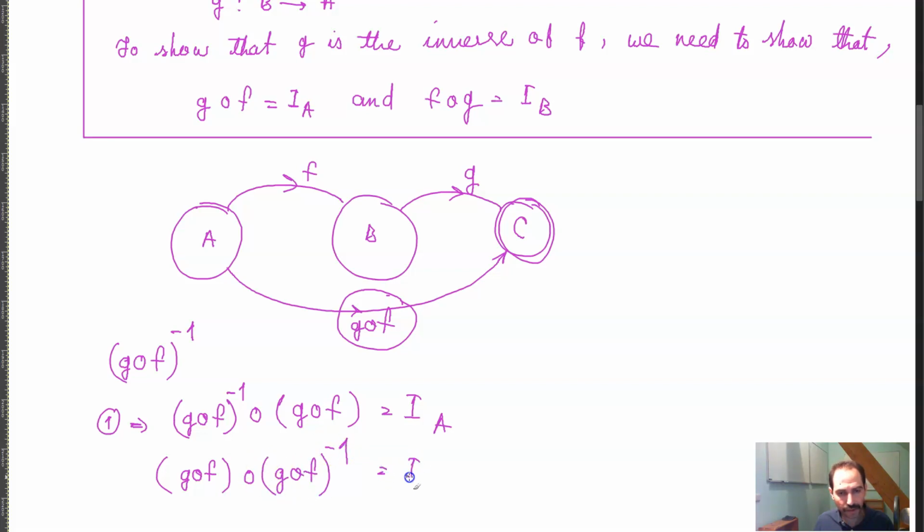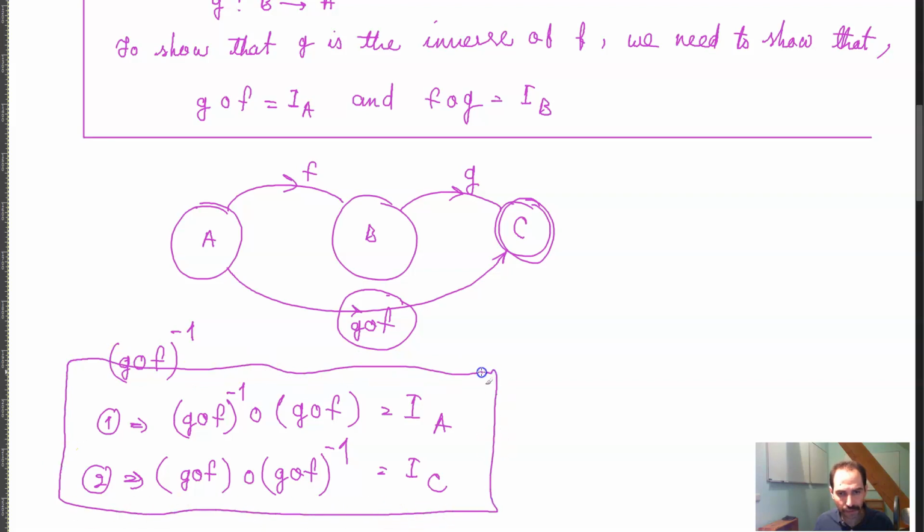That is supposed to be the identity function on the codomain of g∘f, which is C. That was the second thing that we showed, and that's what you need to show in order to prove that (g∘f) inverse is the inverse of g∘f. So that was this part.